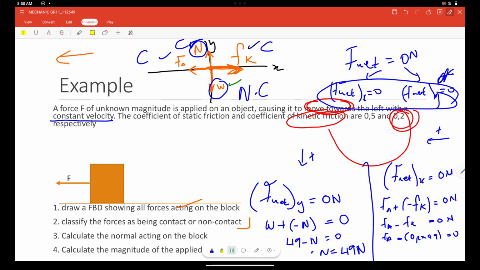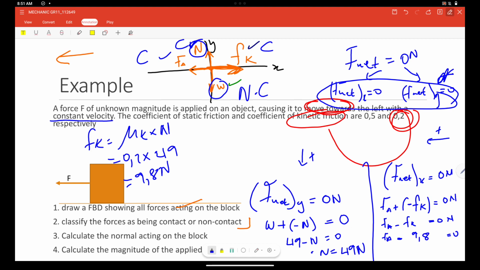So I'm saying that Fk is equal to mu k multiplied by the normal. Mu k is 0,2. Normal we just calculated, that is 49. If you punch it on a calculator, you're going to get a value of 9,8 Newton. So I'm going to sub that value in there. Minus 9,8. If I transpose, I have that the applied force is equal to 9,8 Newton. And yippee, we are happy and we are done.